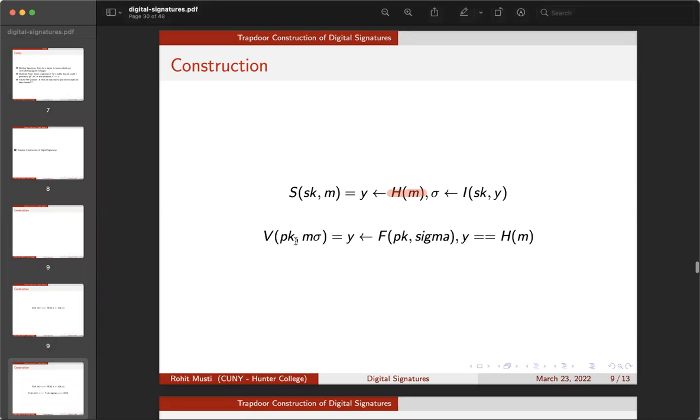And then to verify, there should be a comma there. Sorry, imagine a comma in between M and sigma here. So you just apply your trapdoor function with the public key to the signature to get y, and just verify that y is the hash of the message.